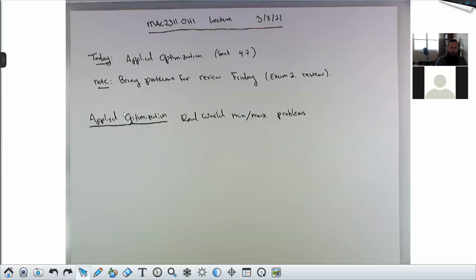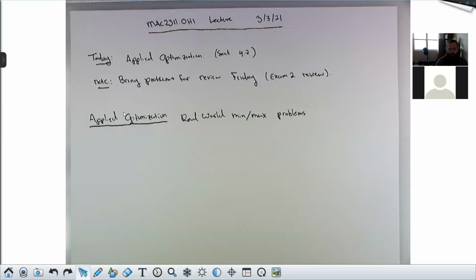Basically, what you're doing is you're trying to find ways to do things efficiently, right? So maybe I only have so much fence and I want to build the biggest pasture I possibly can. Or maybe I need to make an oil can of a certain size, but I want to use as little material as possible in order to minimize the cost.